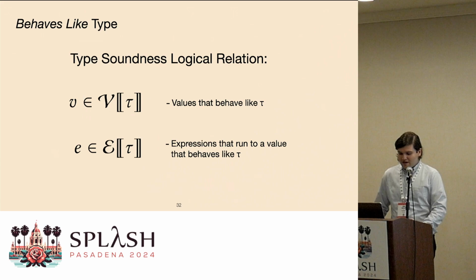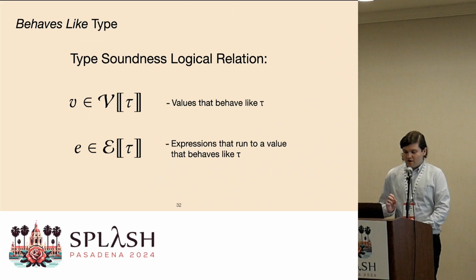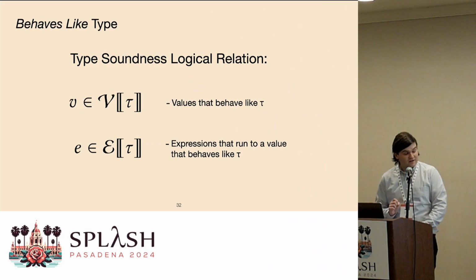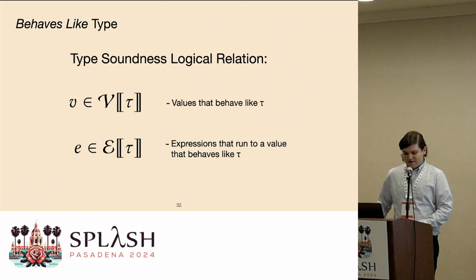And the key idea is that we're going to have essentially two sets for every type. A value relation, so we'll say that a value is in the value relation at tau when that value behaves like tau. And then similarly for expressions, we're going to have an expression relation, which is expressions that run to a value that behaves like tau. So that calls back into the value relation.